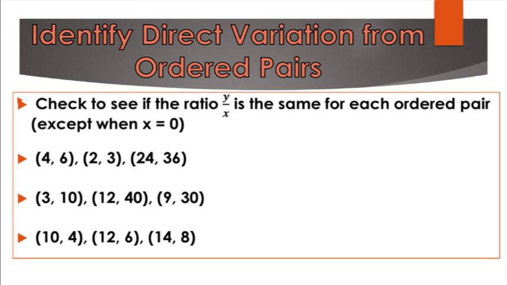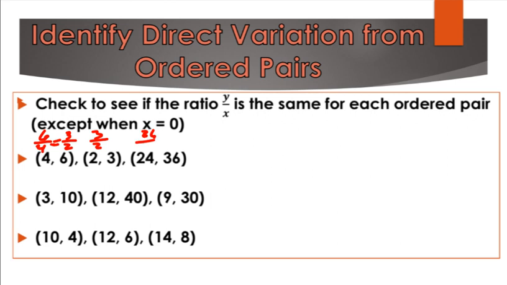Let's check to see if the ratio of y divided by x is the same for each ordered pair, except when x equals 0. So I take 6 divided by 4. I divide by 2 halves. That gives me 3 halves. This is 3 halves.